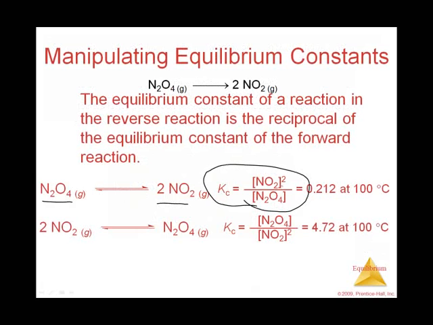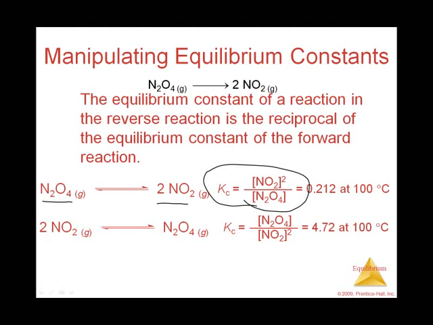Product on the numerator. If I turn that reaction around to do the reverse, I now have 2NO2 giving me N2O4. N2O4 now becomes my product on the top. NO2 with its 2 power becomes my denominator. So if I compare those 2 equations, they in fact are the reciprocal.